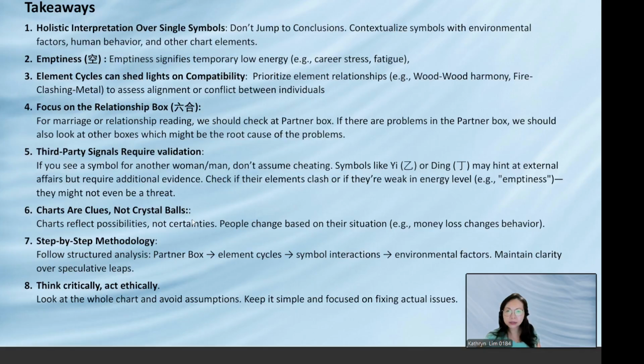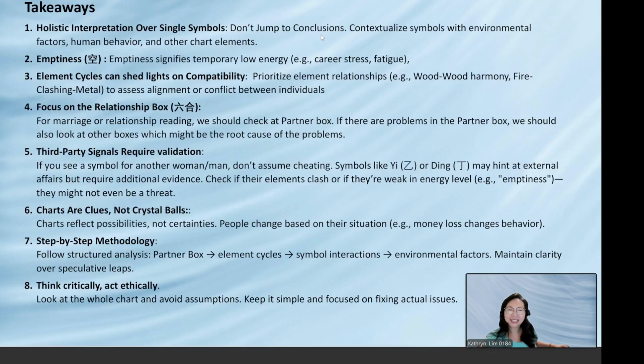All right, so I want to go on to the next slide. Basically, in this relationship lesson, lesson seven, I've learned a couple of things. Master has emphasized that we should always take a holistic view and not jump into any conclusion too fast.